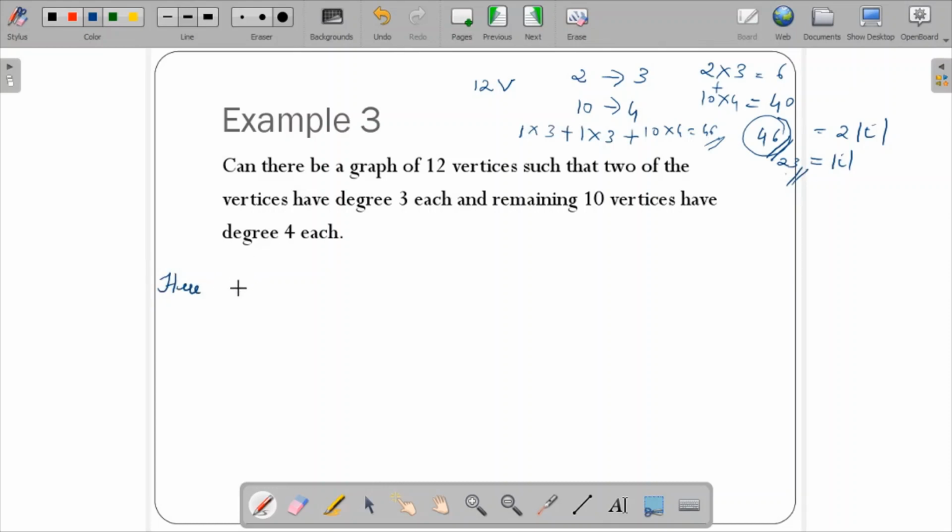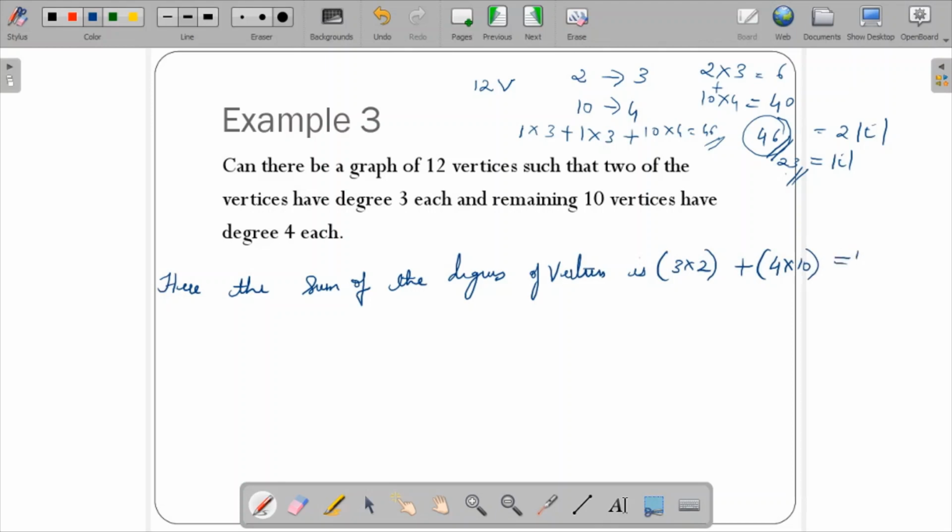Here the sum of the degrees of vertices is 3 into 2 plus 4 into 10, which is equal to 46.